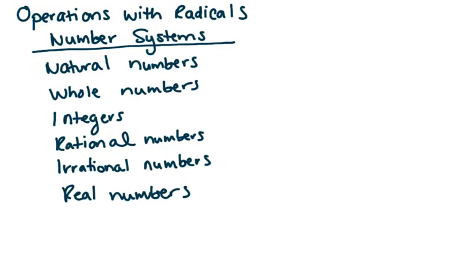So I wanted to help you understand operations with radicals if you're having a hard time with this section on Canvas. The section starts out with number systems, and this is something that we covered in the beginning of the year as well. If you brought your Math Nation books home, you can check in that first unit towards the end.